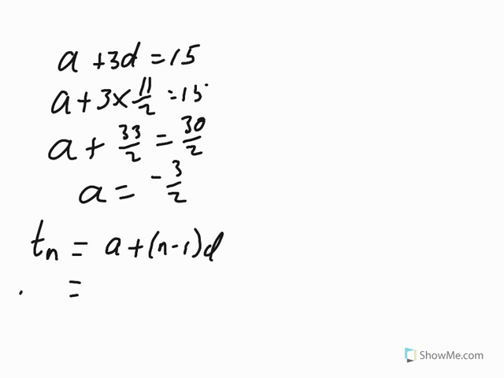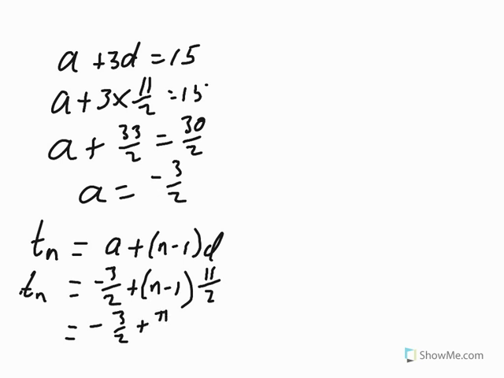Well, we now know that A is negative 3 over 2 plus n minus 1 times d, and we now know that d is 11 over 2. So that's probably going to be written as negative 3 over 2 plus 11 over 2 times n minus 1.